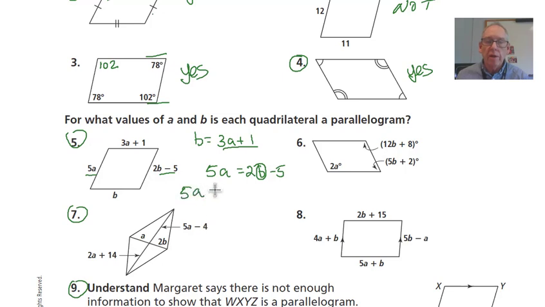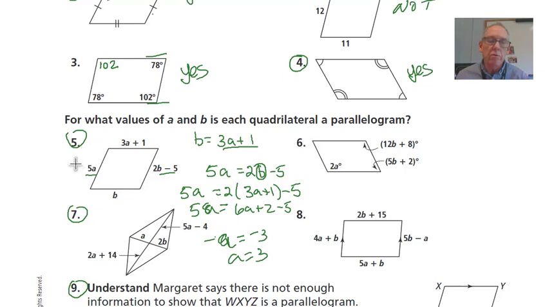We got 5A equals 2 times the quantity 3A plus 1 minus 5. So distributive property, 6A plus 2, take away 5 on that side, 5A on this side. Take 6A away from both sides, got minus A on this side, and 2 take away 5 is a minus 3. So we have minus A is a minus 3, multiplied by negative 1, A is equal to 3.